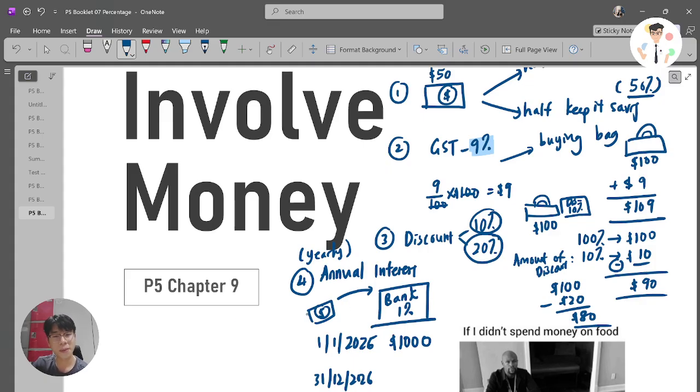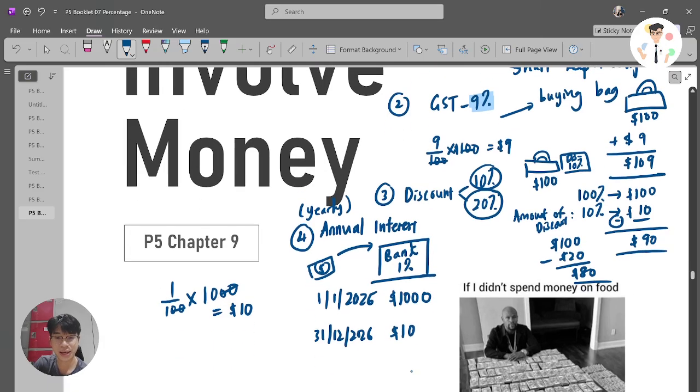Huh, teacher, 1% means how much? Of course, you can say that 1% means 1 over 100 times 1,000. Simplify the 0s, simplify the 0s, then you will get what? You get an extra $10.